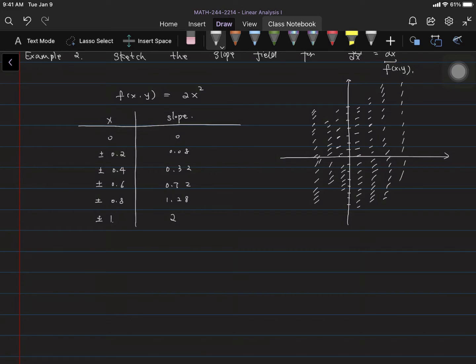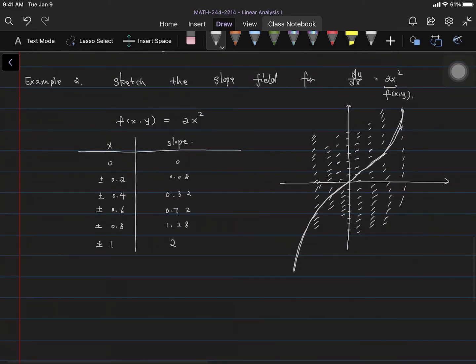So when we draw those small segments, if we draw the graph of the solution, actually the solution to this one is this thing, okay? So at each point, you can see that's the slope. And why do we want to learn slope field? Because sometimes there's no way to find a solution. If we cannot solve for y, we can always use a computer to draw the slope field, the right side.